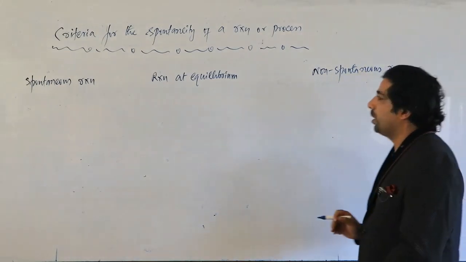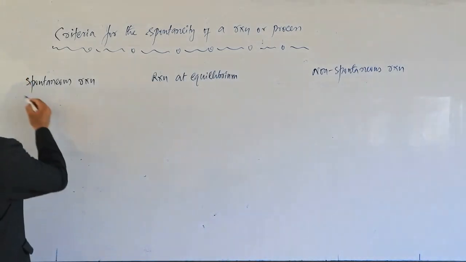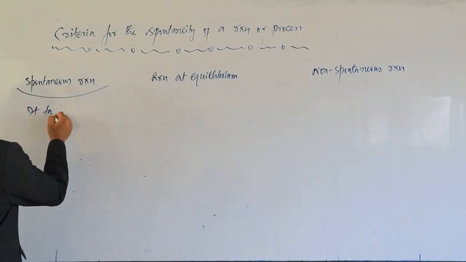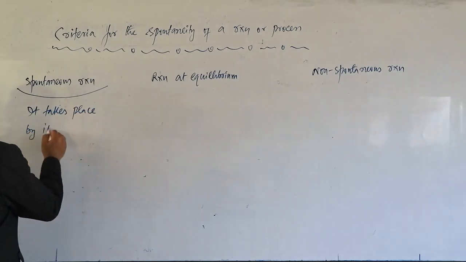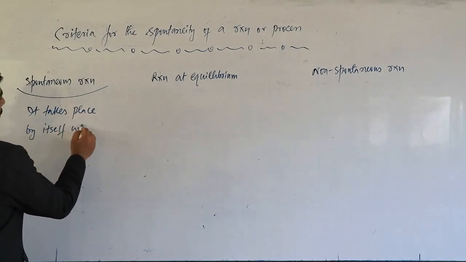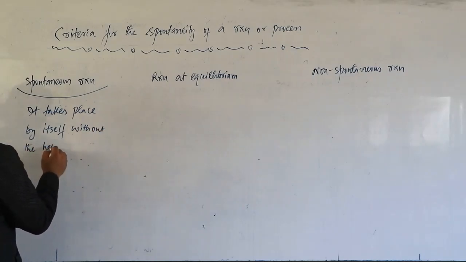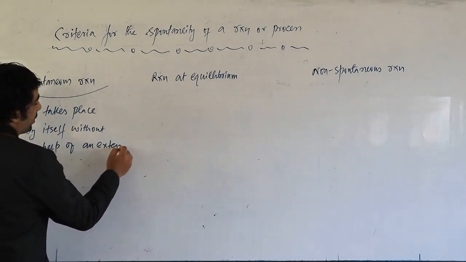Non-spontaneous reaction. So my dear friends, if we have a spontaneous reaction, I told you, we know that it takes place by itself without the help of an external agency.